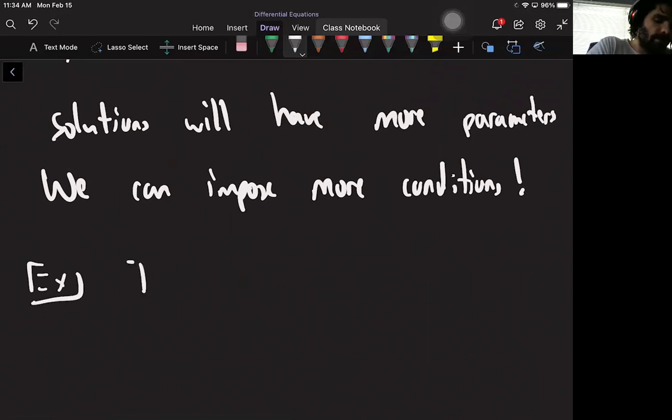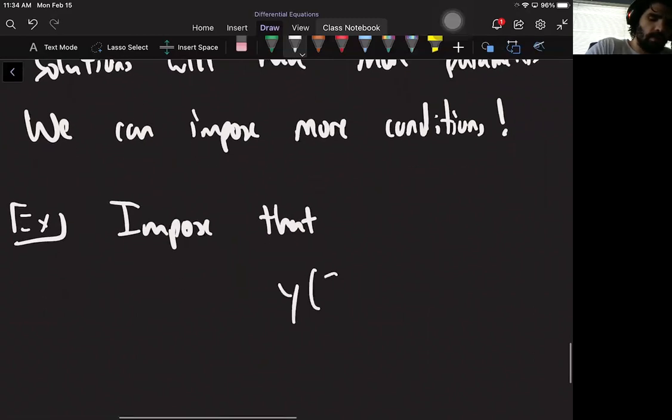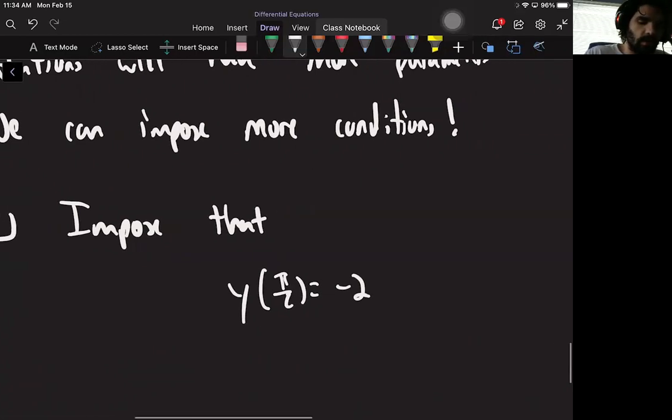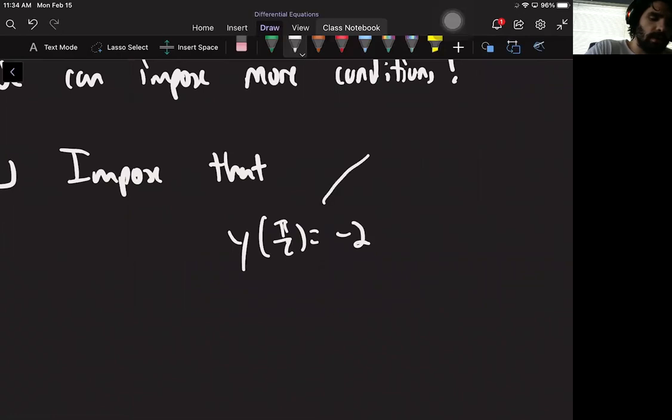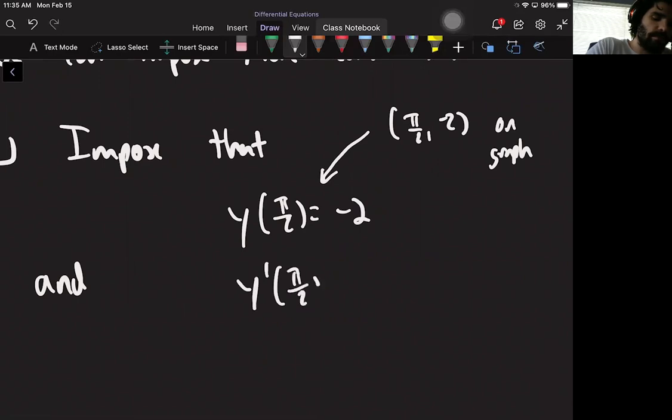So we're just going to impose that, and then we're going to think about what it means. y of pi over 2 equals -2. So real quickly, we already know what this really means. This means that (pi over 2, -2) is on the graph of the solution. But we're also going to impose something about the derivative: y prime of pi over 2 is going to be 1.